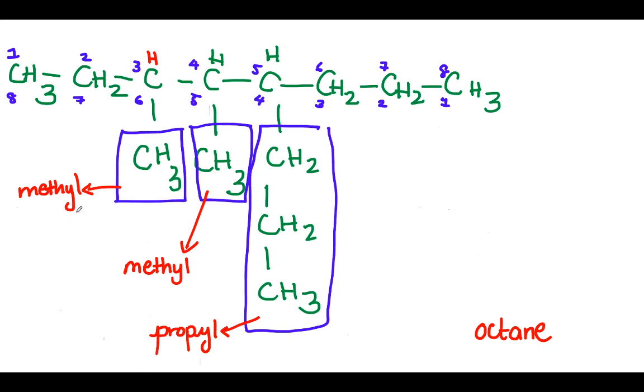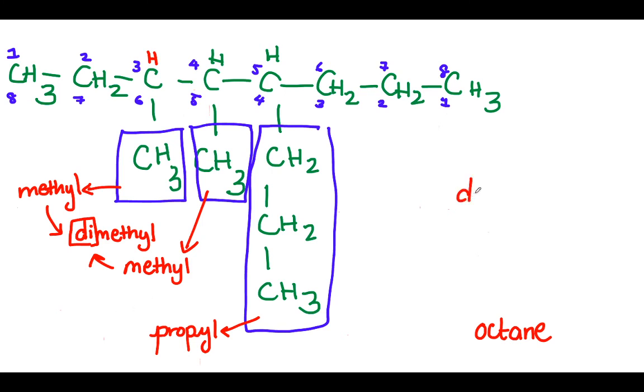If ever I've got the same ones, like I do here, I've got 2 methyls, what I'm going to have to do is combine them together or write them together as dimethyl, right? And that di just comes from the fact that there are 2 of the methyl groups there. So when I write it into my name, I'm not writing methyl, I'm just writing it as dimethyl. And then I have propyl as well.